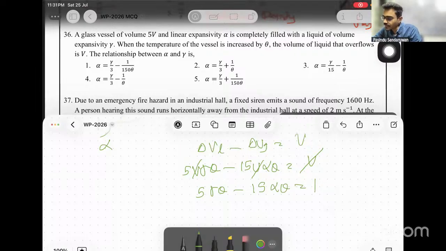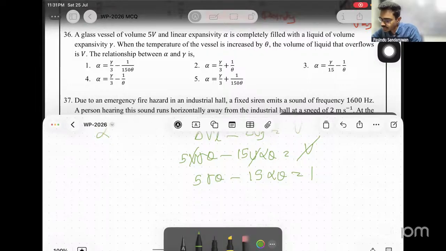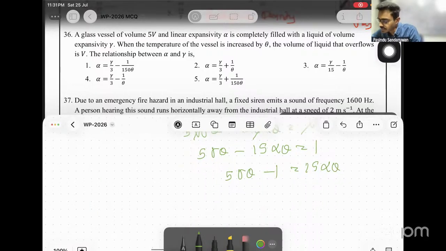Right. Now alpha is the subject. Then to make alpha the subject, we can write this as 5 gamma theta minus 1 equals 15 alpha theta. To make alpha the subject, divide this by 15 theta. Then 5 gamma theta over 15 theta minus 1 over 15 theta equals alpha.